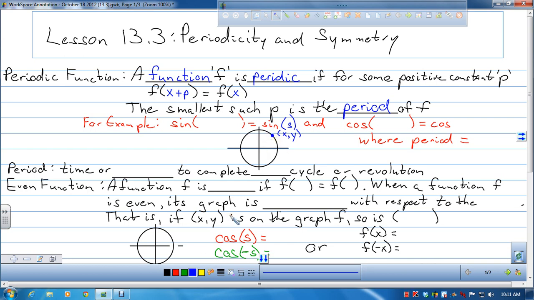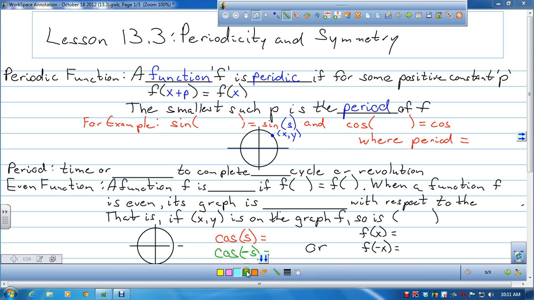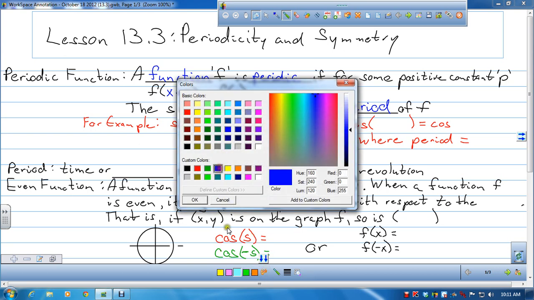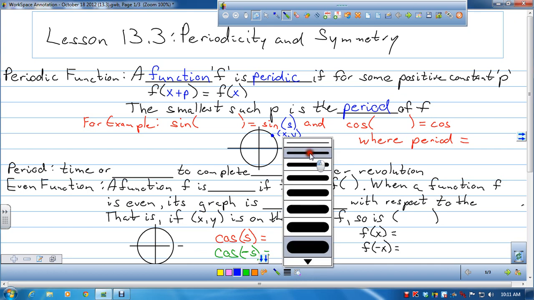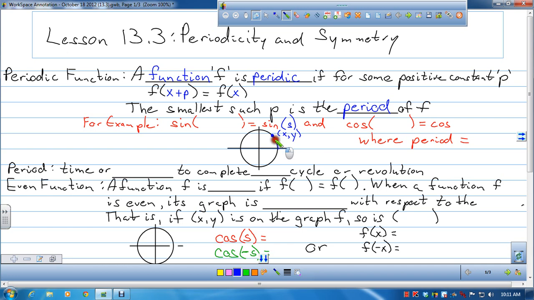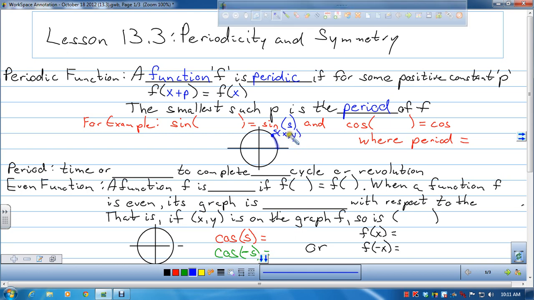Let's call that value s. That sine value is going to be my y value right there, right?